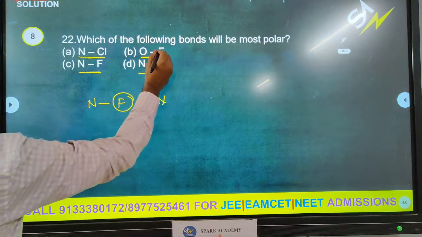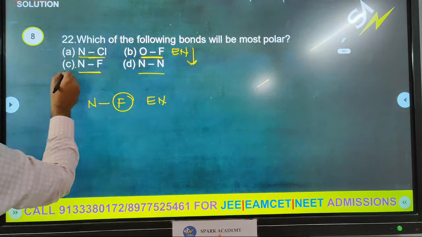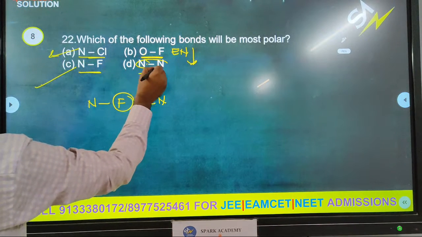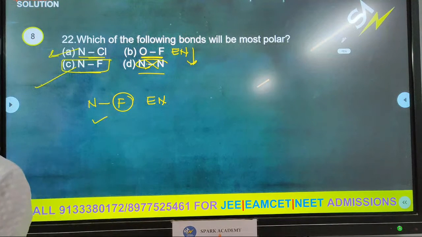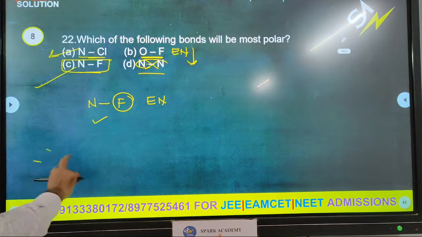In the other cases the electronegativity is less, and here it is the same, no difference. So the electronegativity difference is more in the case of N-F. So the most polar bond is the nitrogen-fluorine bond, because due to the highly electronegative character difference, it is showing more polarity.